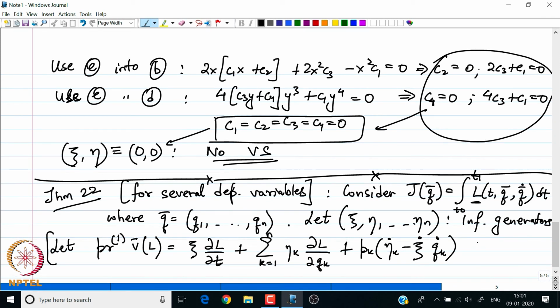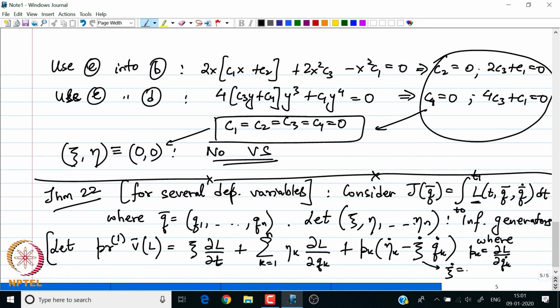Where the quantity p k is del L del q k dot, and my quantity xi dot is introduced here.